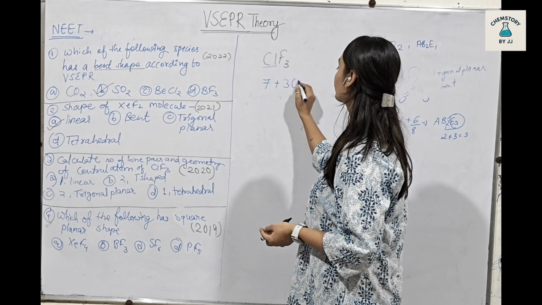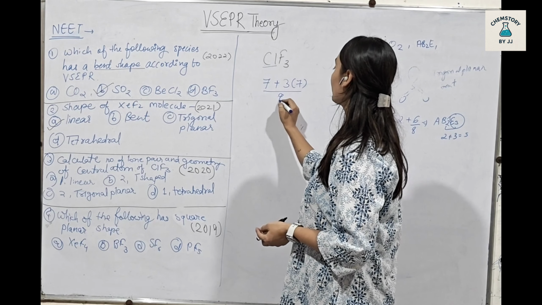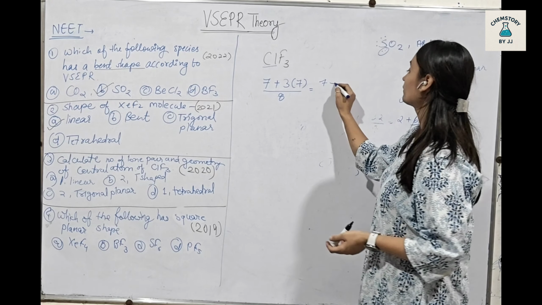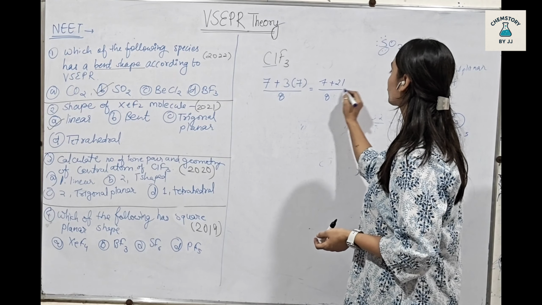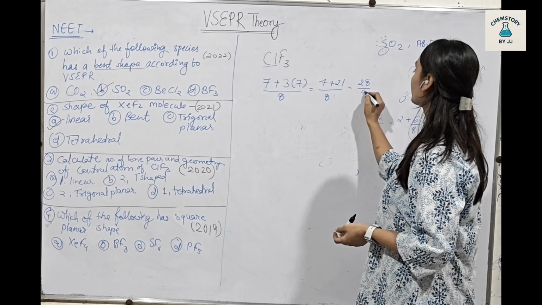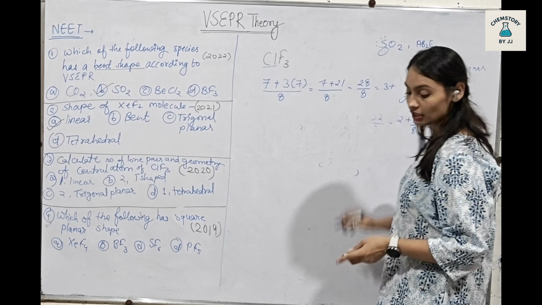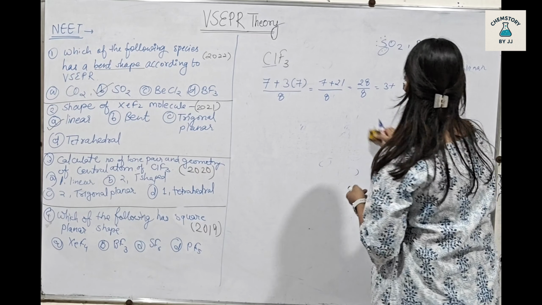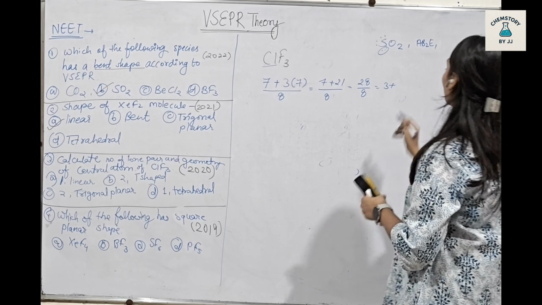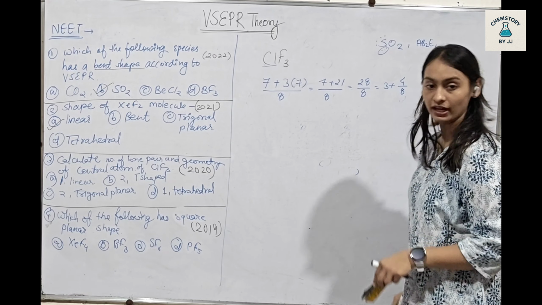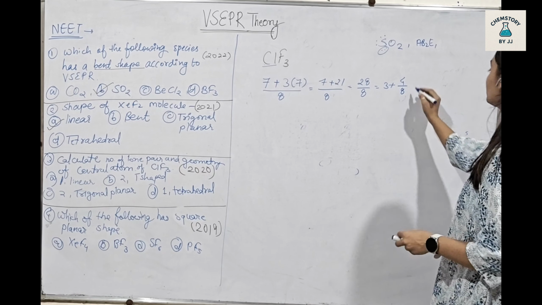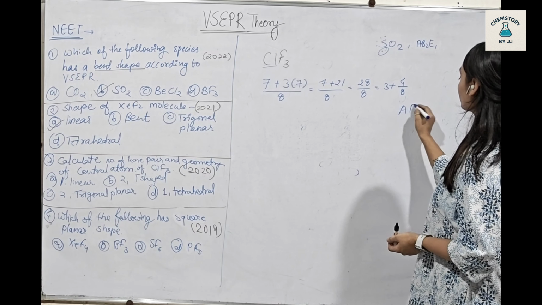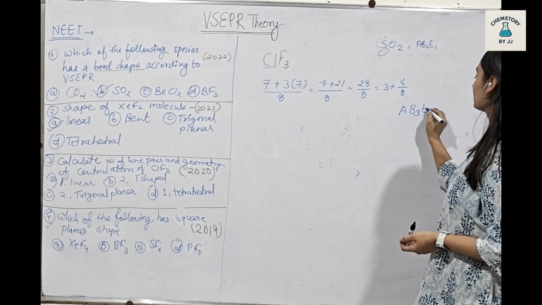For 3 fluorine we have 7 electrons each. Divided by 8, that's going to give us 7 plus 21 upon 8, which is 28 upon 8. When we divide it, it's going to give us 3 plus 4 upon 8. That means the structure would be AB3E.